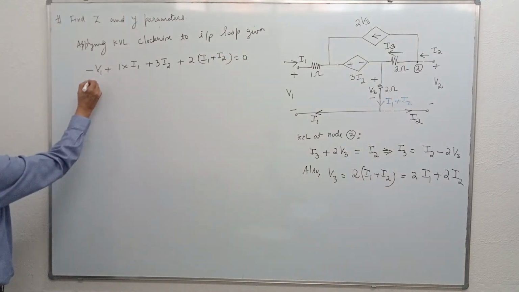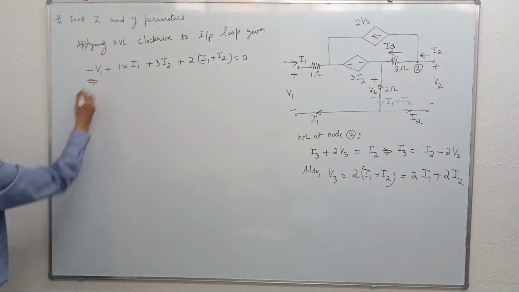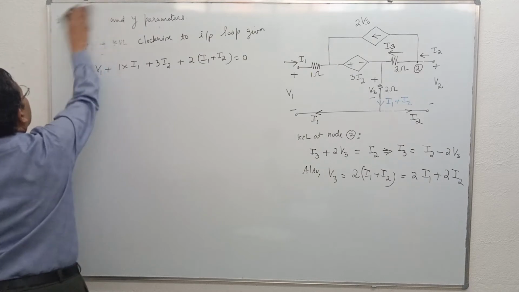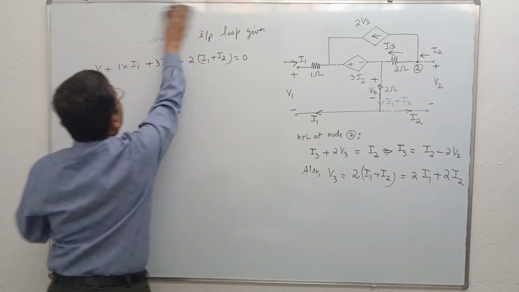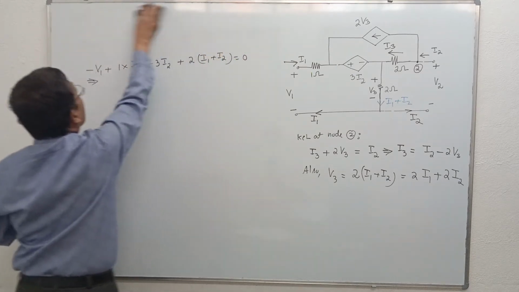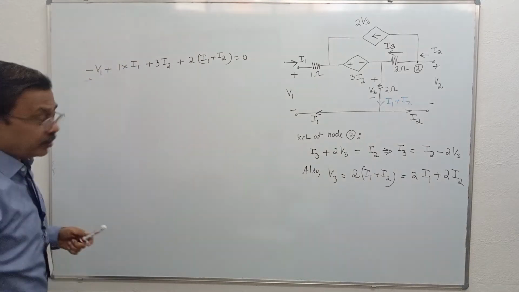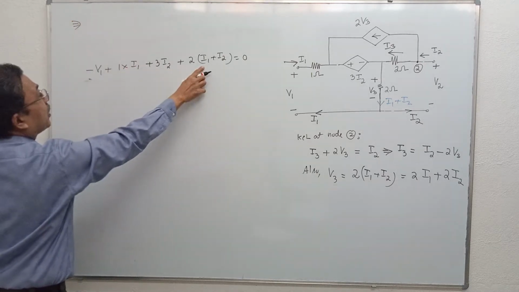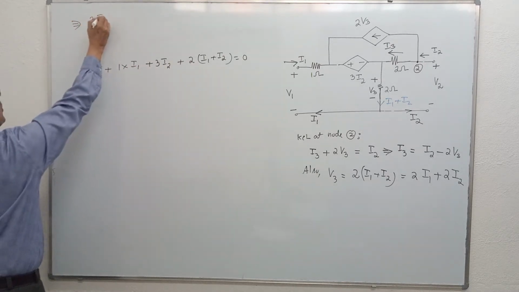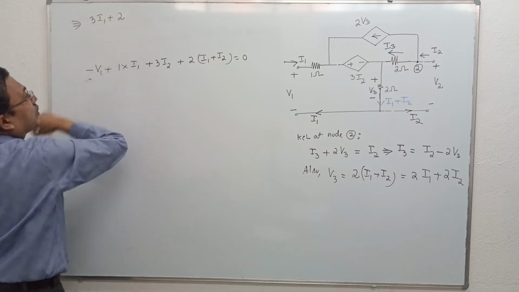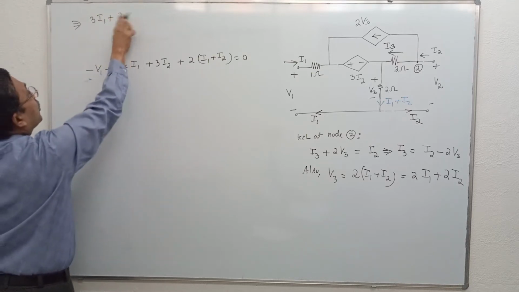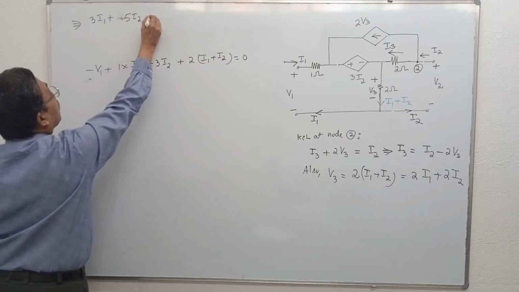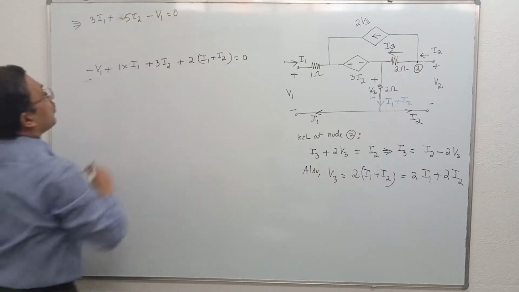This in turn implies, I1 plus 2I1 is what? 3I1 plus 5I2, 3I2 plus 2I2 is 5I2, minus V1 is equal to 0.